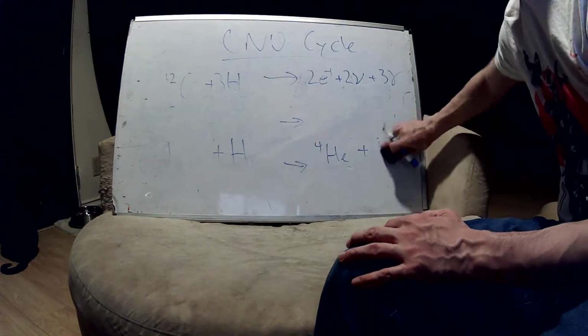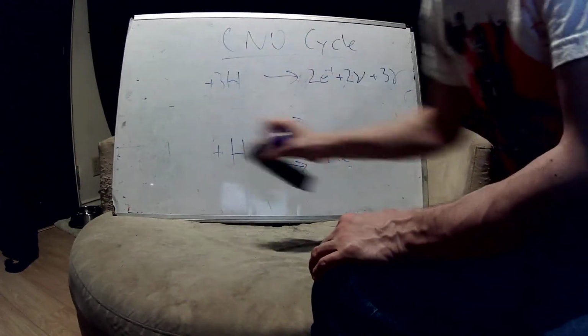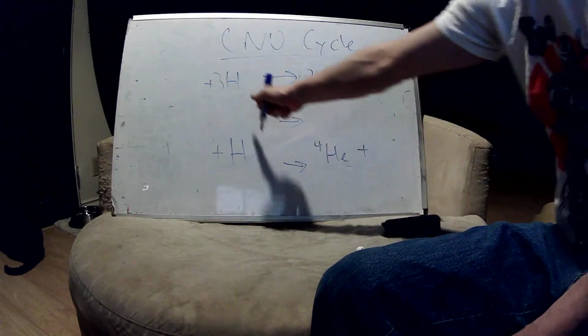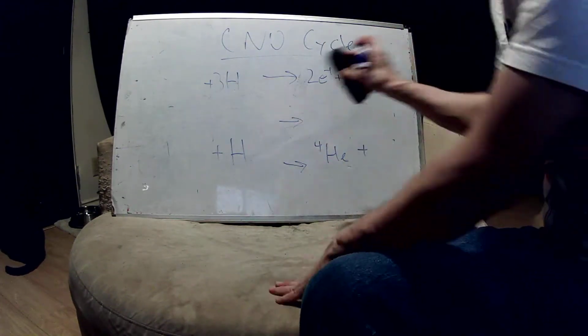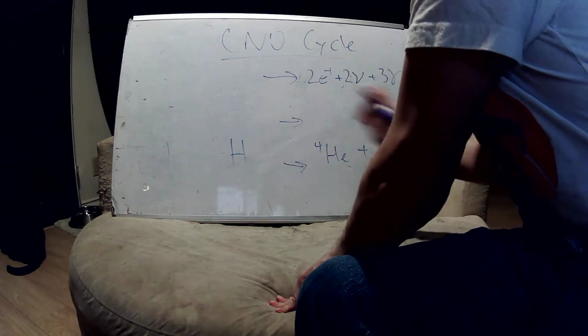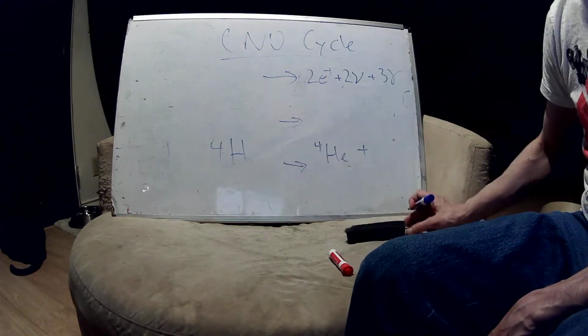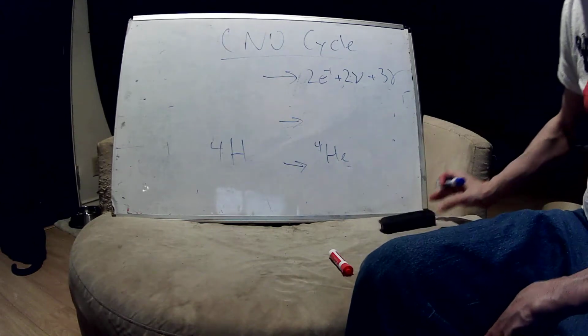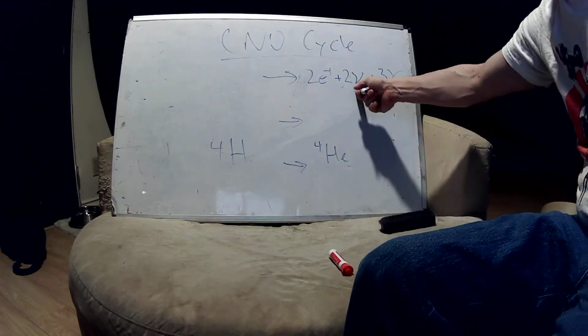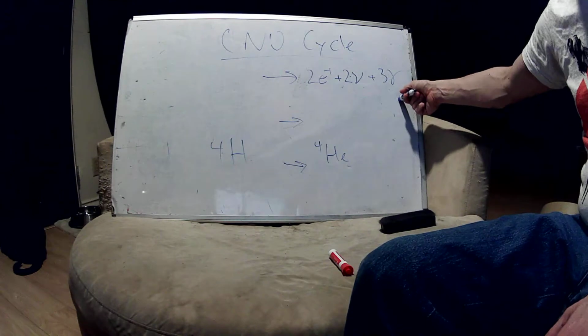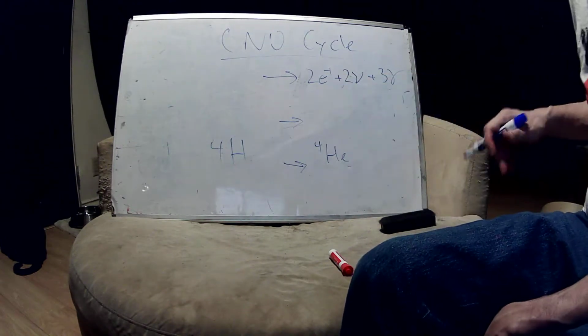Let's get rid of those. And essentially, I'm just going to move these 3 down here. We've got 4 hydrogens that become 1 helium. And in so doing, we release some neutrinos, some gamma rays, and a couple of positrons.